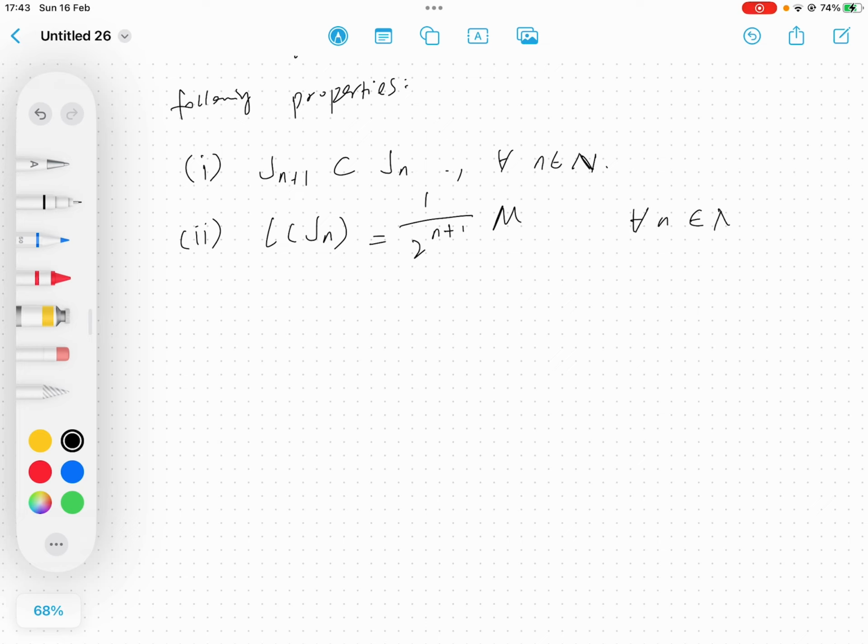And the last property is that for each n, the interval Jn contains infinitely many terms of the sequence.